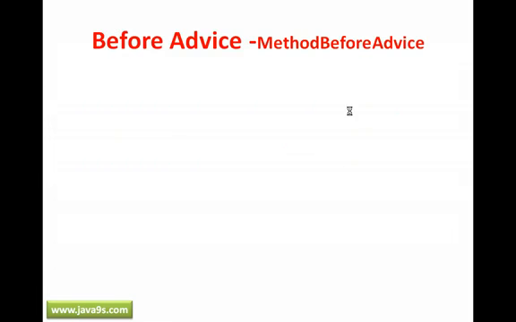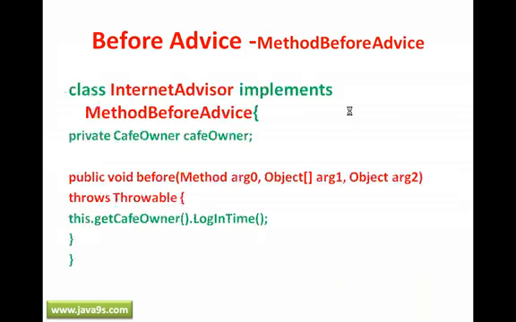So in the before advice scenario, we are going to create an advisor class, which is known as InternetAdvice here, which implements MethodBeforeAdvice. Only with this implementation, Spring Framework will understand that this advisor is a type of before advice and check for the before method to execute the statements inside it.